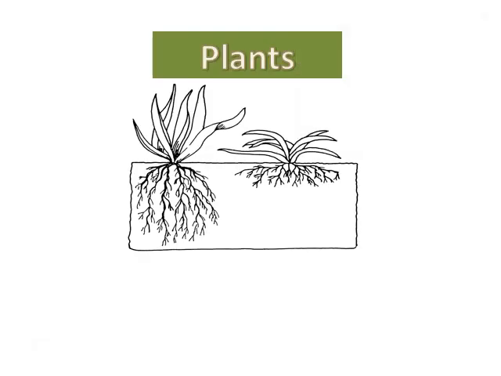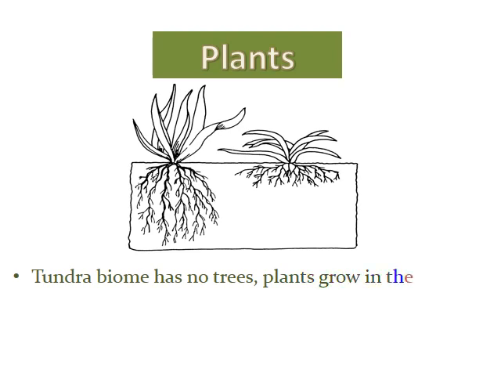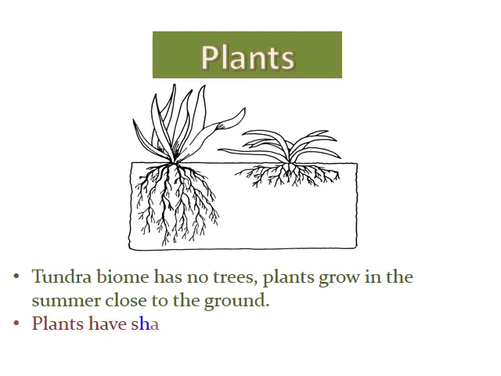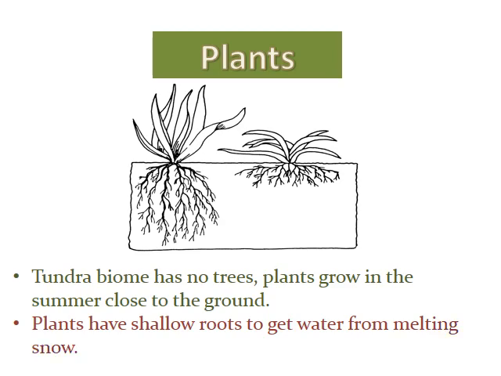The plants in the tundra biome, there are no trees in the tundra biome, but there are short plants with very short roots, and they are very shallow and they are near the surface, because it actually takes the water from the melting snow in the summer.